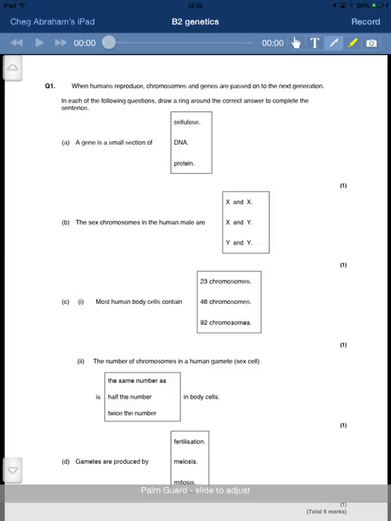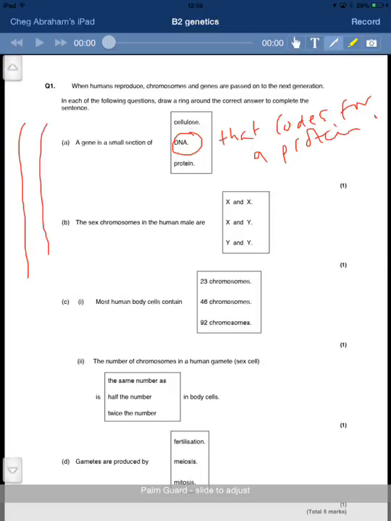A gene is a small section of DNA that codes for a protein. That is what it is. So if we've got two chromosomes here, you might have the eye color gene on this chromosome, and this section on the chromosome will determine eye color.